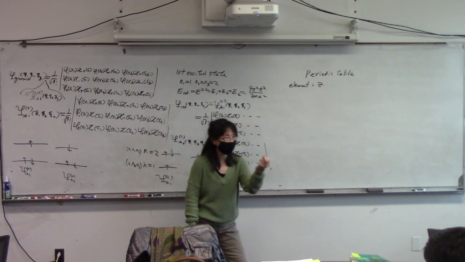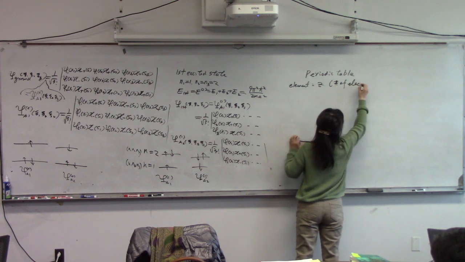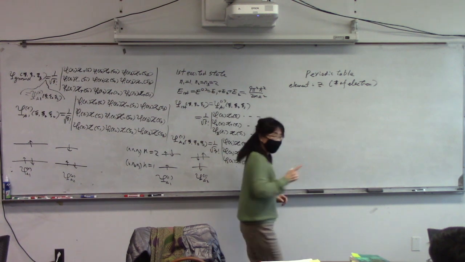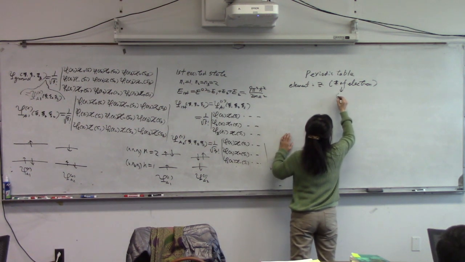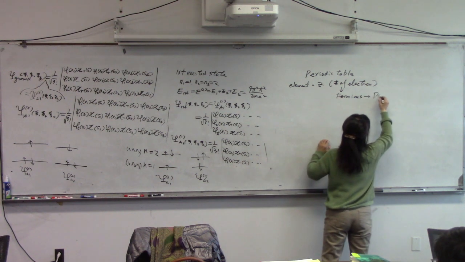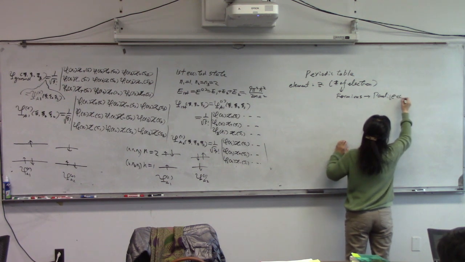Z number of electrons, right? And then they occupy orbitals, because the electron is a fermion, so we follow the Pauli exclusion principle.